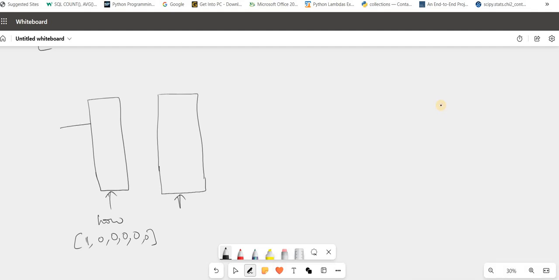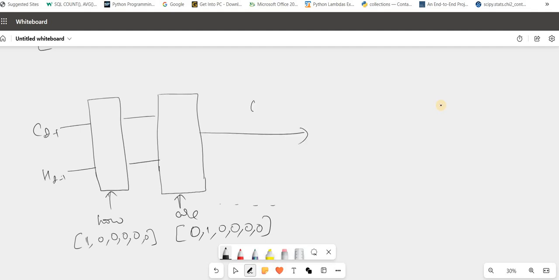And some random initializers of CT minus 1 and HT minus 1, the hidden state and the cell state. There are only two inputs, and then here R will go. Not R, the vector 0 1, and the same for how are you, that will go, and it will produce a context vector.